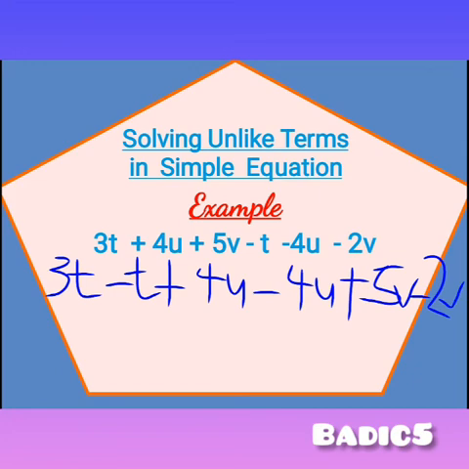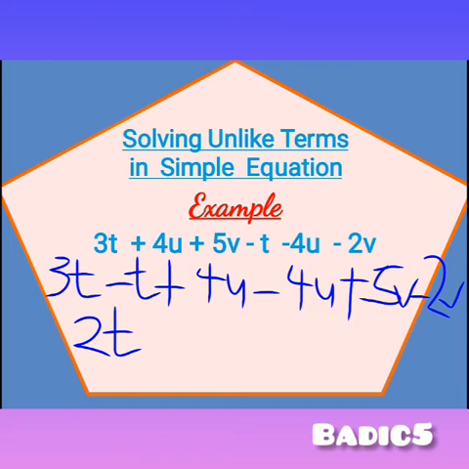We can simplify. 3t minus t is 2t. Plus u plus 4u minus 4u. What happens? Plus minus is minus. Remember, you were given that information in episode 3. Plus minus is minus.